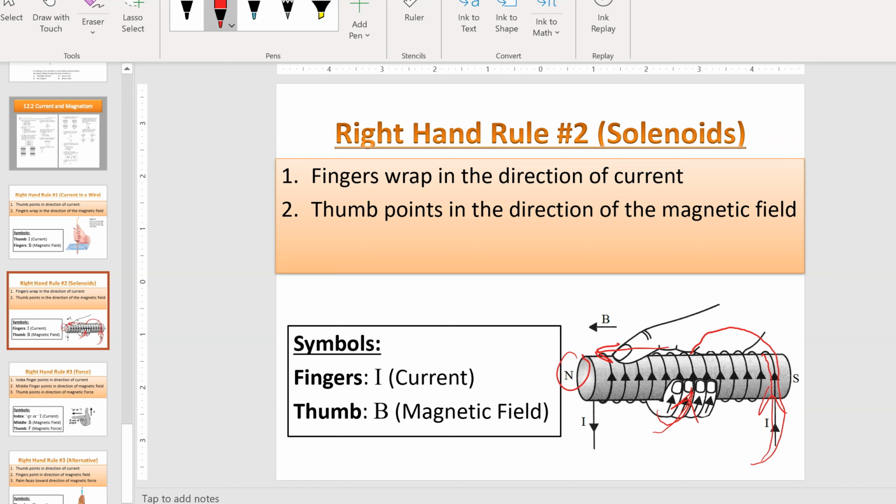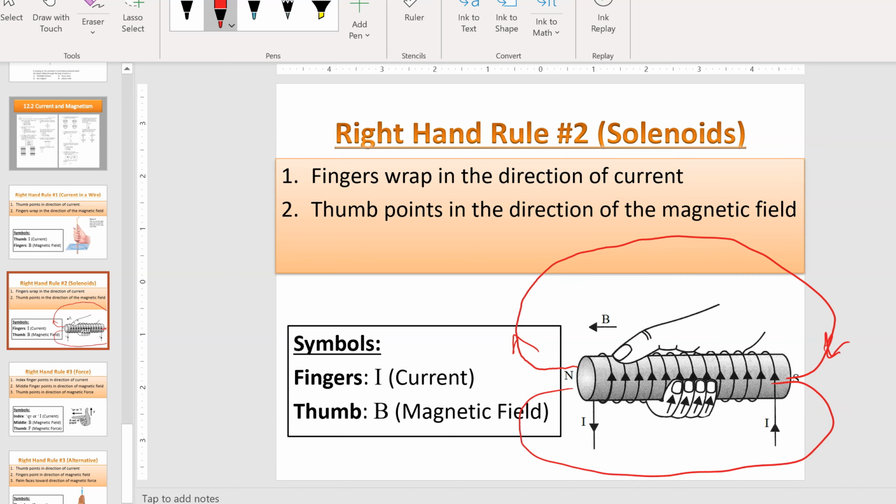The magnetic field goes out of north and into south. I'll show that real quick. Once you have your fingers wrapping in the direction of the current of the wire, your thumb is pointing this way, and it goes out of north into south. And it ends up looking just like the diagram, out of north into south, for a bar magnet.